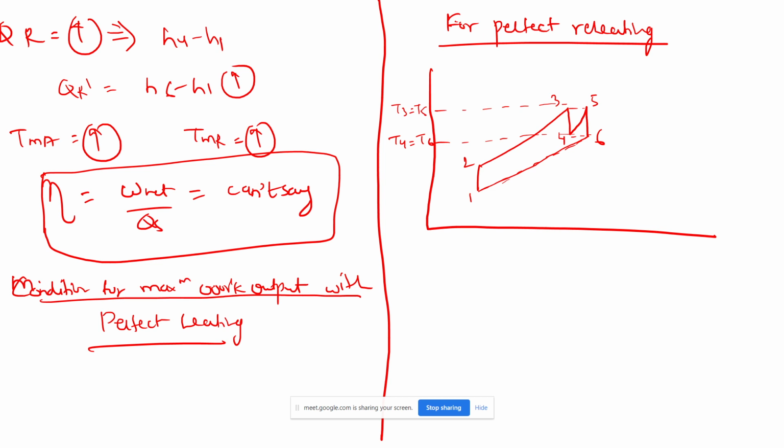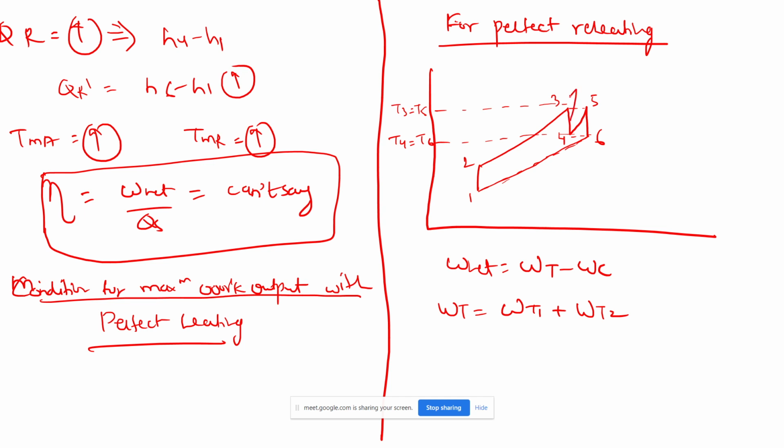So what will be the turbine work here? Net work output is turbine work minus compressor work. Only turbine work is changing. Turbine work is turbine work 1 plus turbine work 2, since two turbines are there.